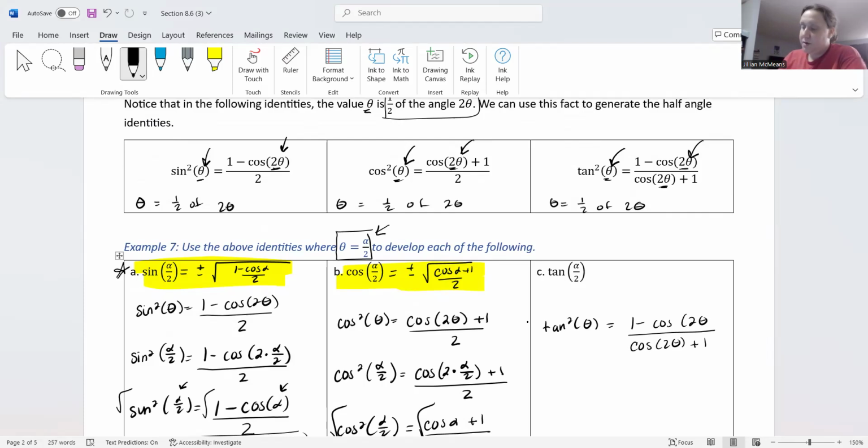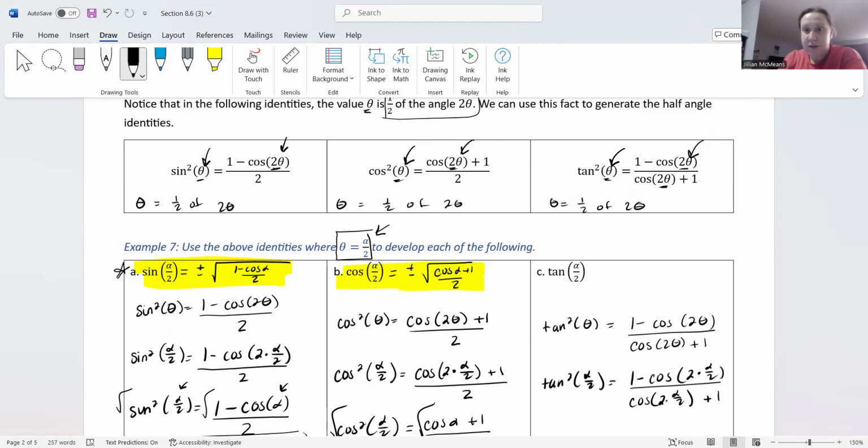And then we're going to do what the directions say, and we're going to replace theta with alpha over 2. So we get tangent squared theta, but theta is really alpha over 2. That's going to equal 1 minus cosine of 2 theta, but theta is alpha over 2. That's all over cosine of 2 theta, but remember, theta is alpha over 2. So 2 times alpha over 2 plus 1.